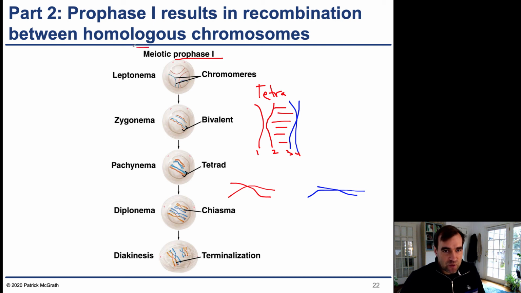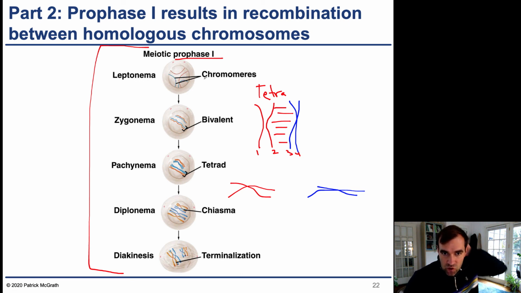So because prophase I is such a complicated stage in meiosis, it's actually further divided into 5 different substages: leptonema, zygonema, pachynema, diplonema, and diakinesis.